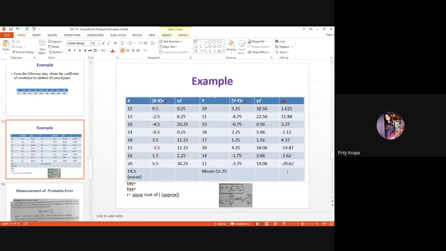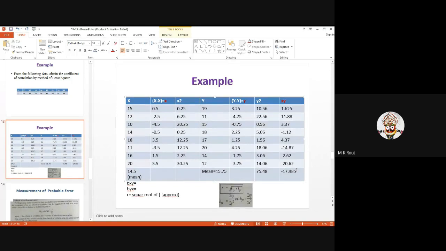Minus 17.985. Yes, sir. So what is the value of summation of y square here? 75.48. Then summation of xy, minus 15.75. Yes, sir.